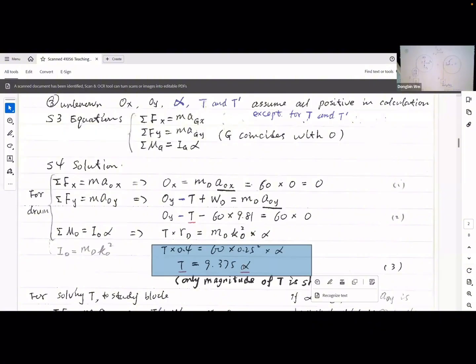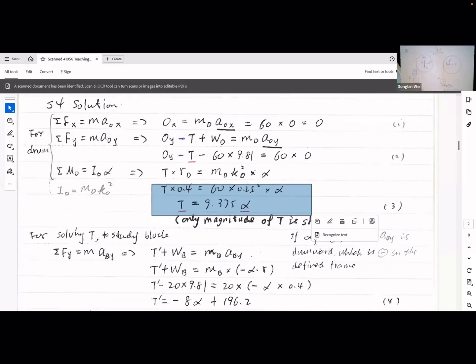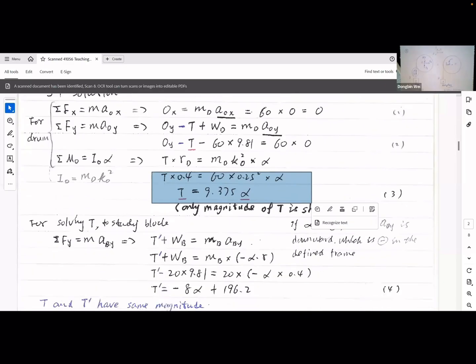So at this moment, we still cannot solve this problem because we have already got 2 useful equations, 2 and 3, but we have O, Y, T, and alpha, 3 unknowns, and we need another 1 equation, and this will be from the block.